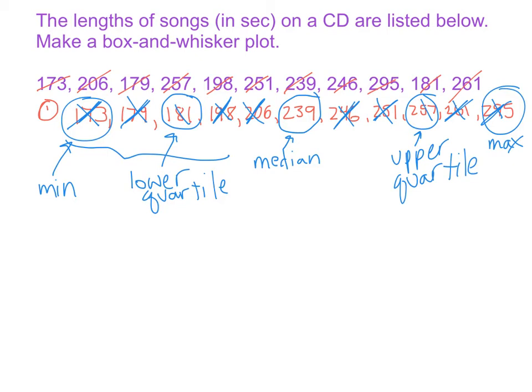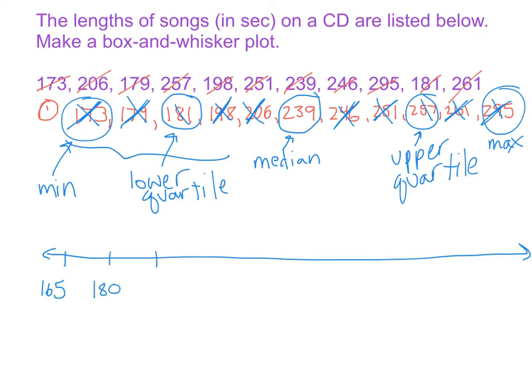Then it's a matter of making your graph. You can see numbers go all the way from 173 up to 295. So that sounds like 170 to 300. Best way to break that up, maybe I'll go 165 and go up by 15s. So here's 165, 180, 195.